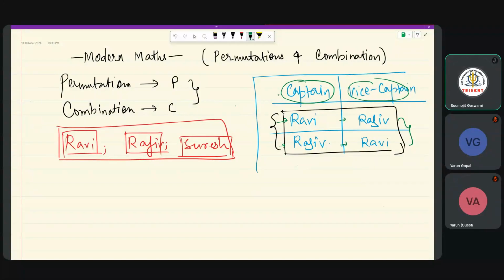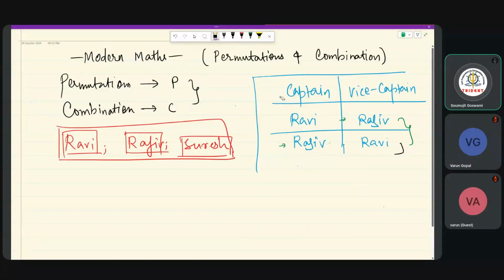Also, one thing, please understand, this is where you need a little bit of intuition. The scenario is different. You guys have yourself told me the scenario is different, but it is among the two friends, right? Ravi and Rajiv, Rajiv and Ravi. So when I'm choosing Ravi and Rajiv, both the students, I am getting two different scenarios for captain and vice captain.